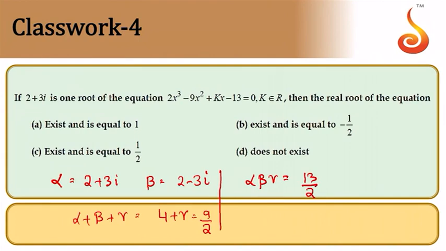Next, we take the product of roots, which is minus plus minus, so you'll get 13 by 2. Alpha into beta, 2 plus 3i into 2 minus 3i, will give you 4 plus 9, which is 13. So 13 gamma equal to 13 by 2. So we get gamma equal to 1 by 2. Option C is correct.